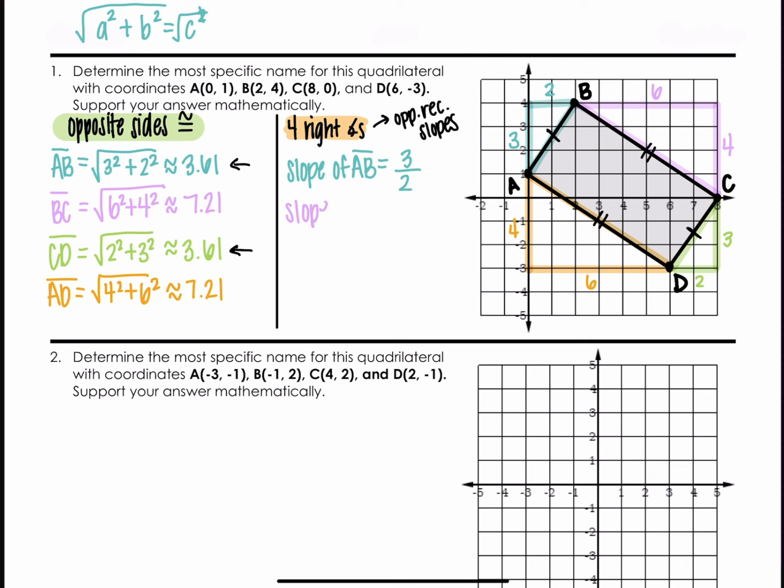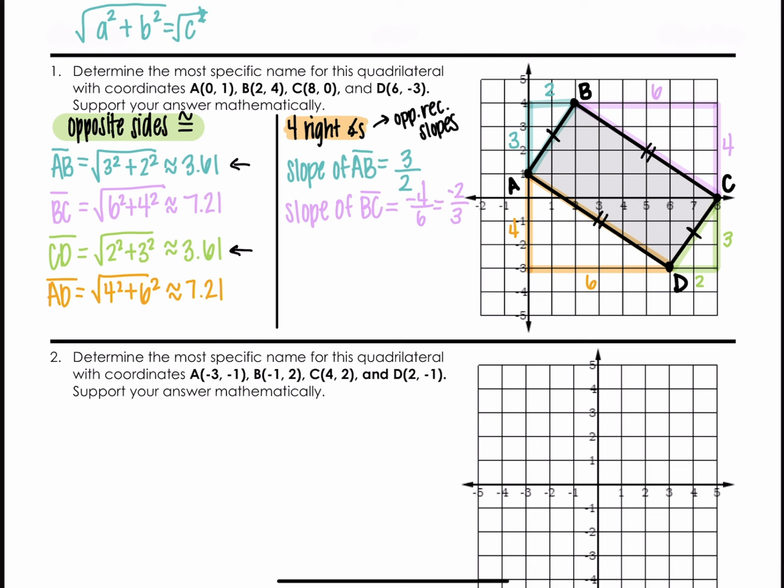Now, before I do this, I want to be extra careful. Sometimes it's really tempting to say, oh, it's 4 over 6. My rise was 4 and my run was 6. However, if I look at this line as a whole, is this line increasing or decreasing over time? From left to right, it is decreasing. I actually went down 4 and right 6. So if I go down 4 and right 6, the last thing I want to do is ask myself, can I simplify this fraction? And I can. I simplify this and I get negative 2 over 3.